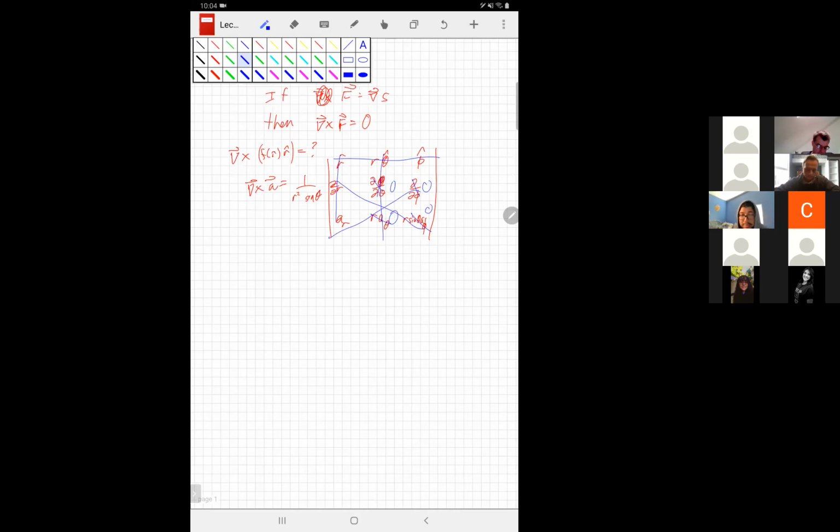The theta component will be the derivative of 0 is 0, minus 0 times A r, well, that's 0. And then finally here, we'll again have the derivative of 0 minus another 0. And so that curl can only be 0.